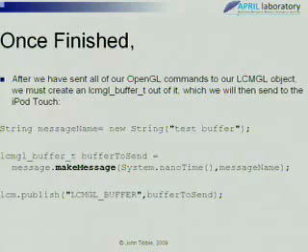Now, this is all well and good, but how do we get this to the iPod? Well, let's create our LCMGL buffer T out of this LCMGL object using the makeMessage function. We pass it the system nanotime and the name we want the iPod to hold on to, and then publish it to our local LCM network, which then gets relayed immediately to the iPod Touch.